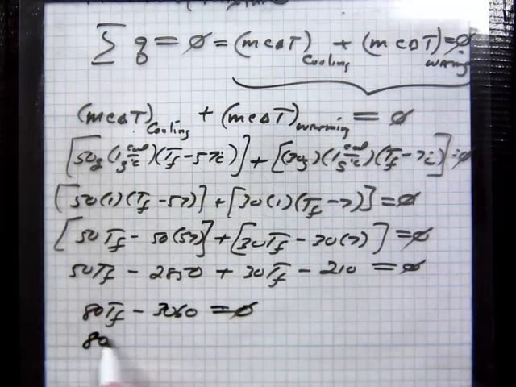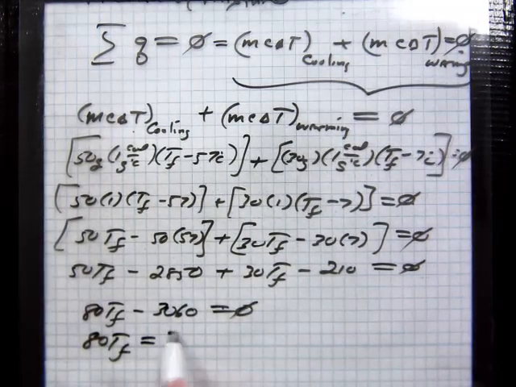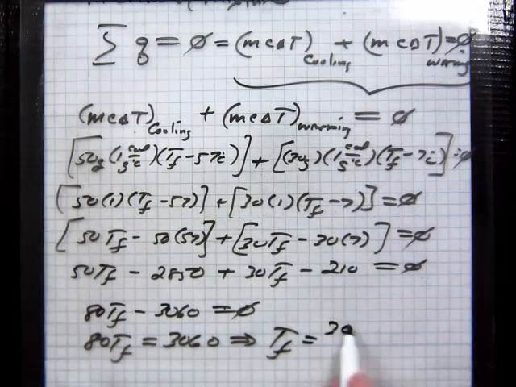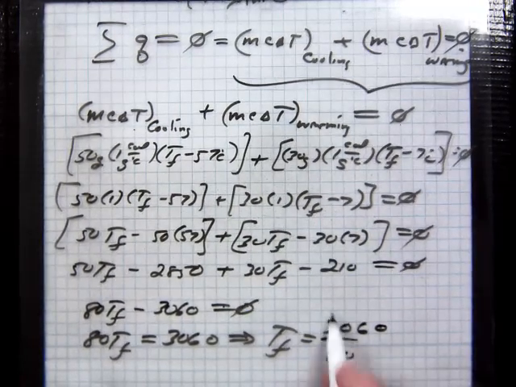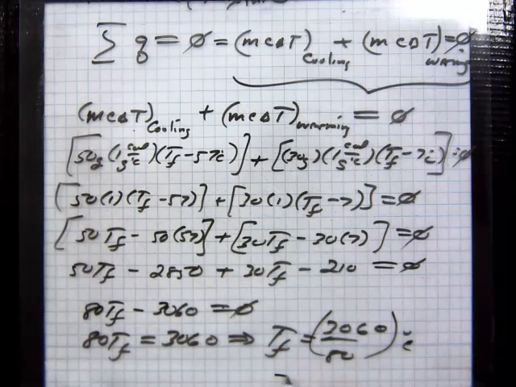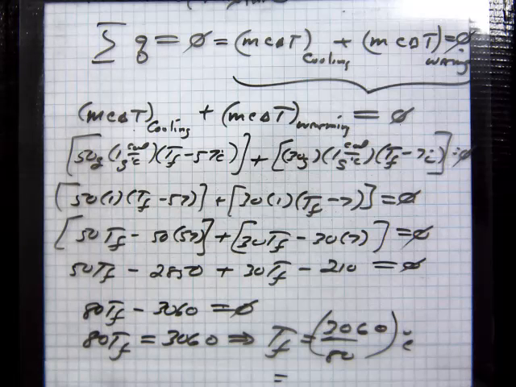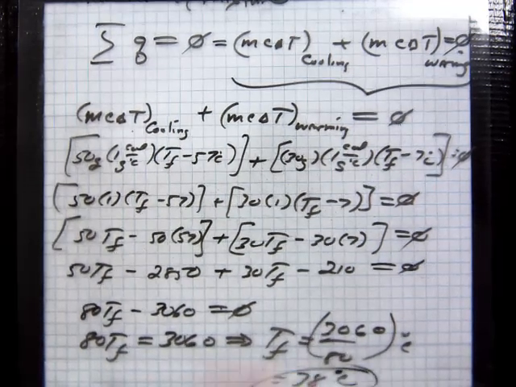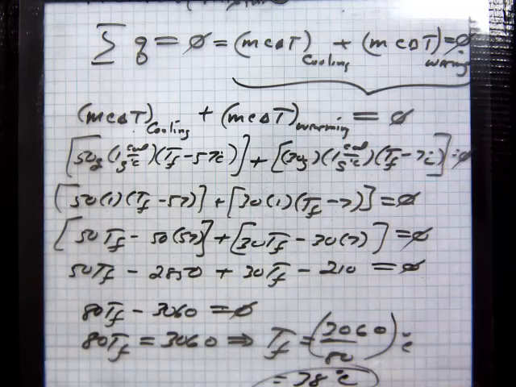And so 80 TF equals 3060, and your final temperature is 3060 over 80. And trust me, it is in degrees C, and will come out between the extremes that you're mixing together. 38.3, just 38 degrees. Now you started at 7 and 57 and wound up in the middle.